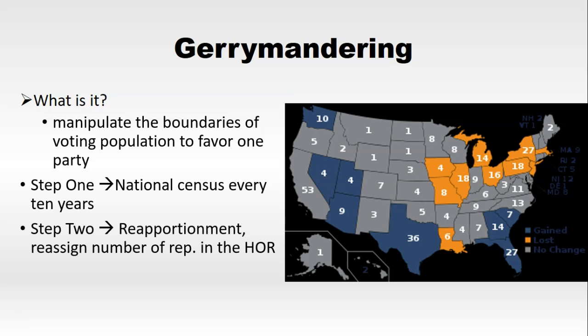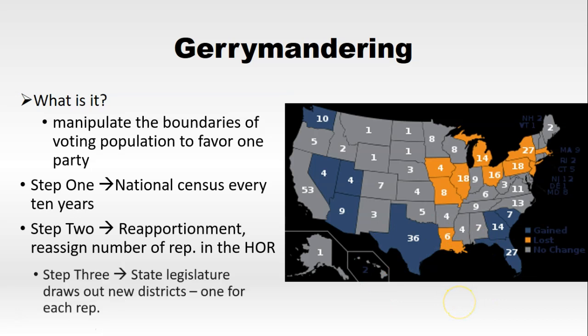But then you look at some of the bigger states, and you'll notice California has 53, Texas has 36, Florida has 27, New York 27, Pennsylvania 18. So Indiana with a measly 9 is still better than some states that only have one representative, like Montana, North Dakota, South Dakota, Alaska. So that's step two, reassign the number of representatives in the House.